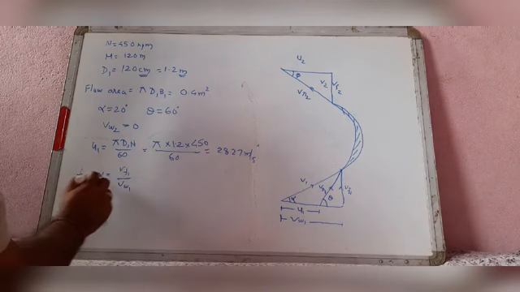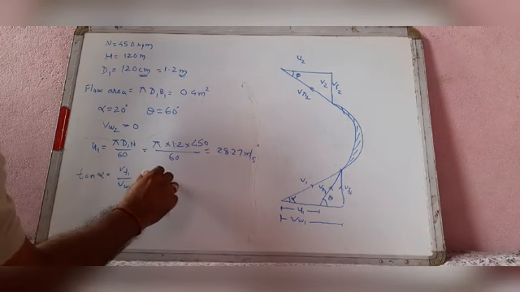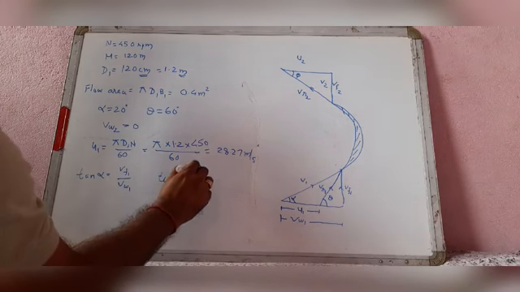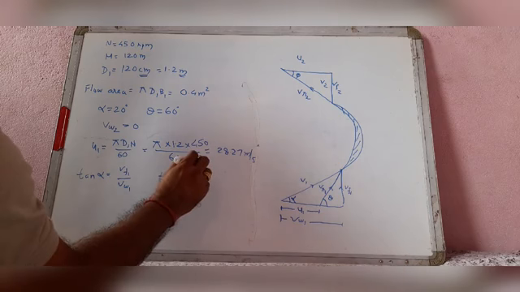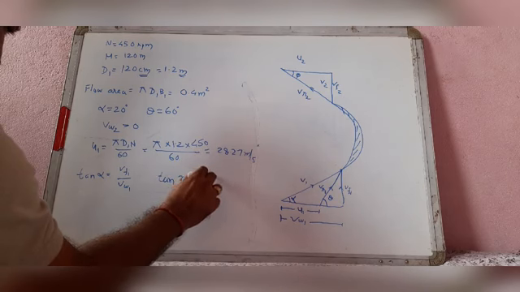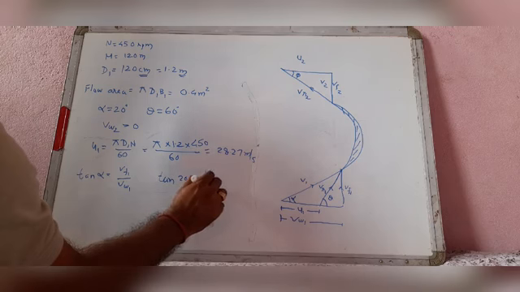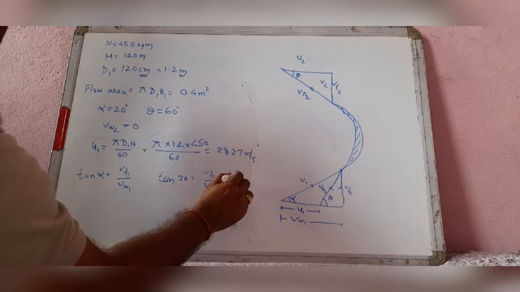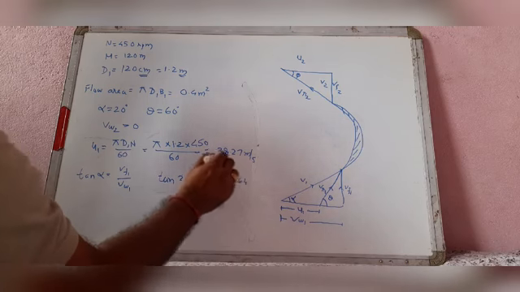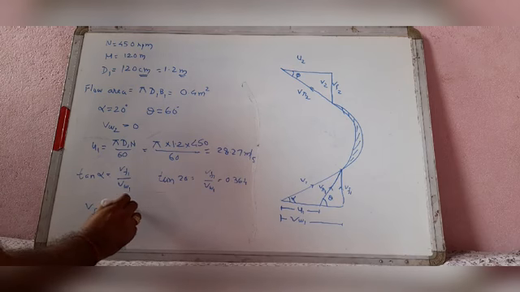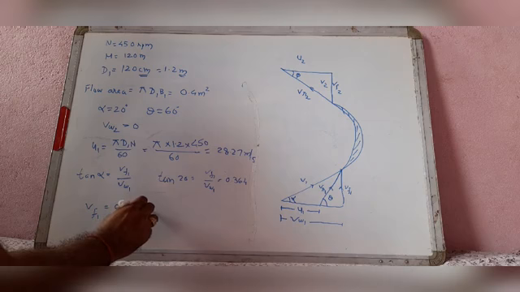Putting the values here, tan 20 equal to Vf1 by Vw1, that is equal to 0.364. So Vf1 equal to 0.364 Vw1.